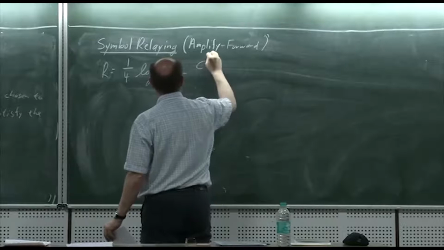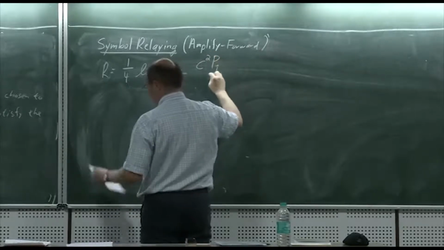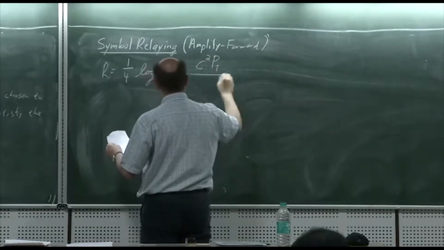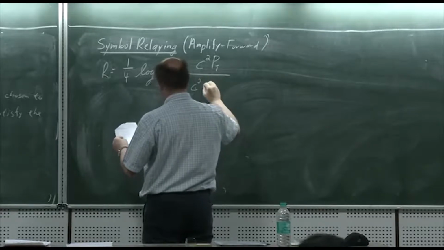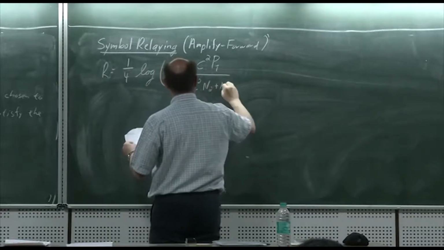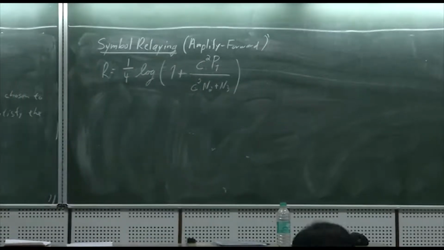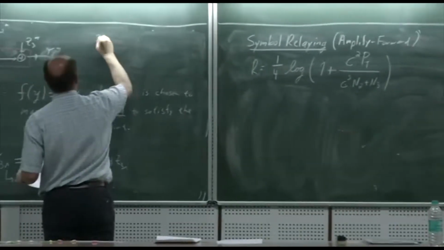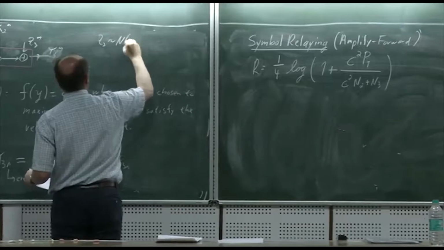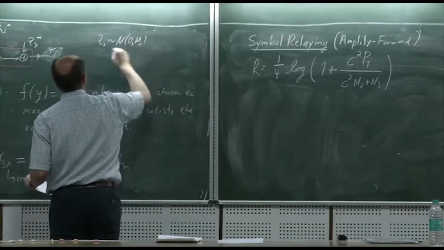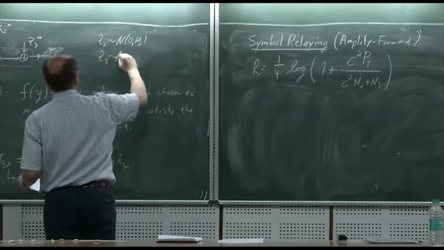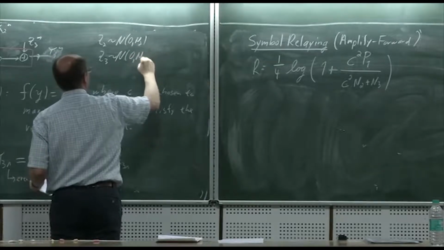The signal power is c squared P1, and the interference is c squared N2 plus N3, where I'm assuming z2 is zero mean Gaussian with variance N2, and z3 is Gaussian with variance N3.